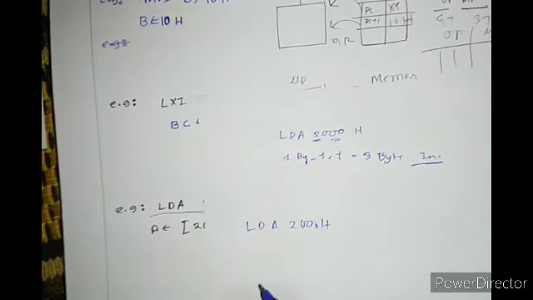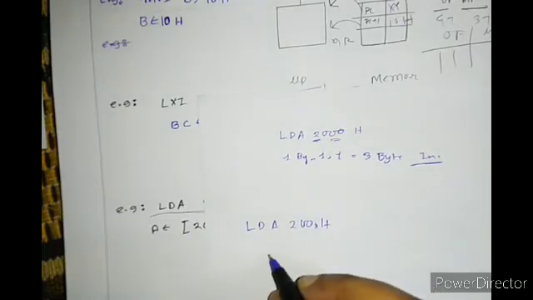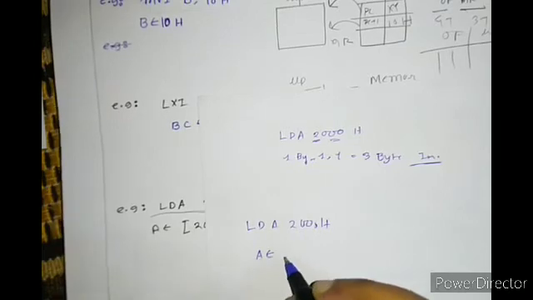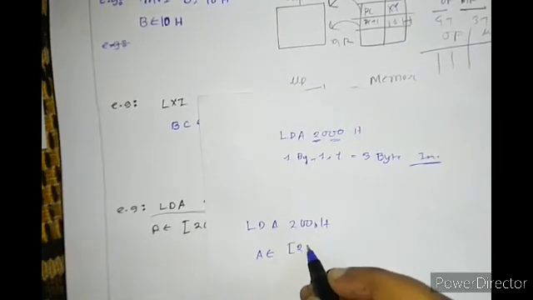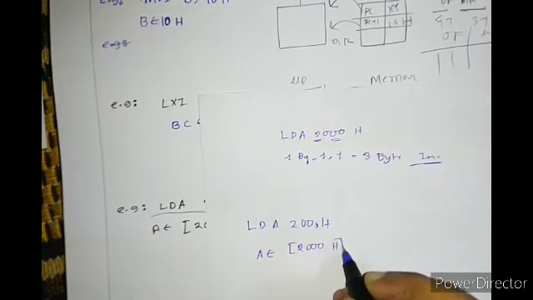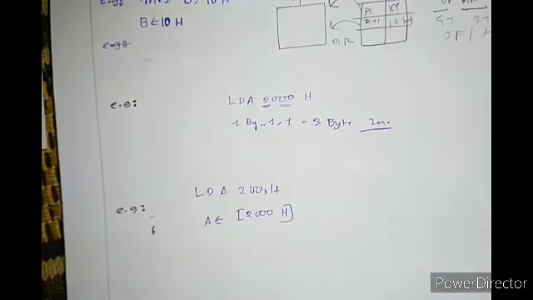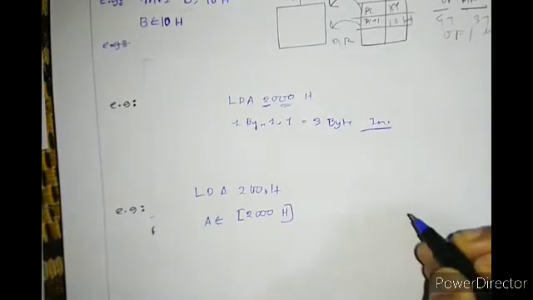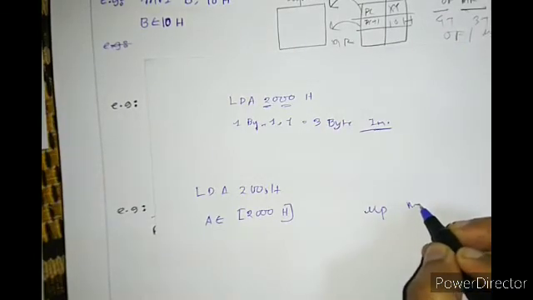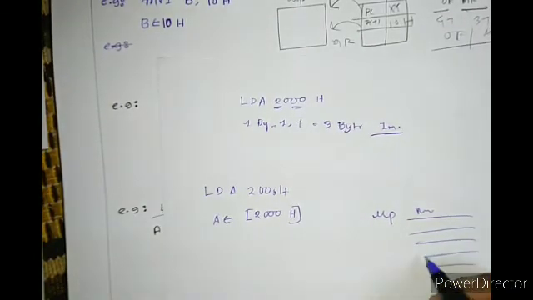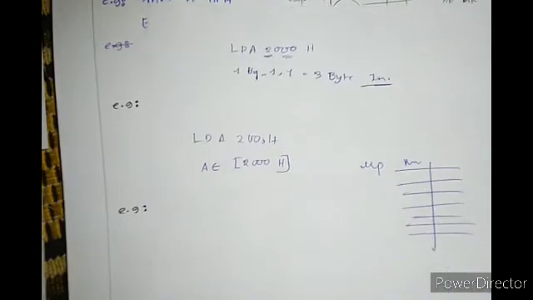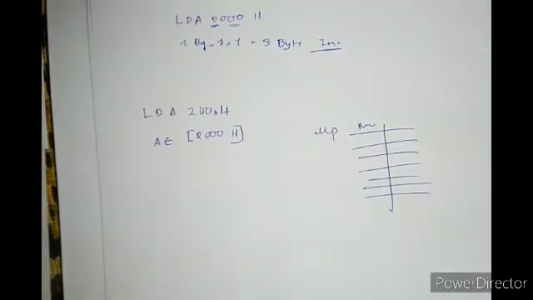first what you have to understand is the task. The accumulator will get the content of location 2000. Okay, first of all, draw the μP and memory. I think you can see now.